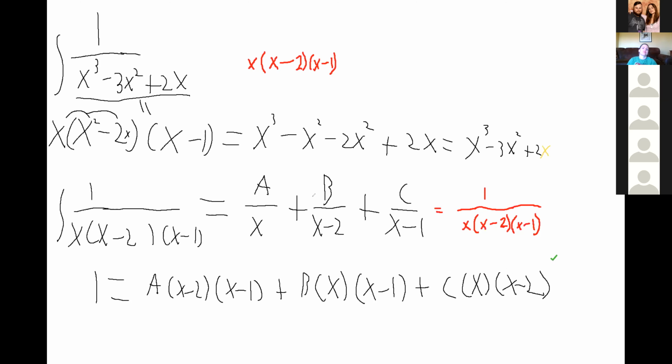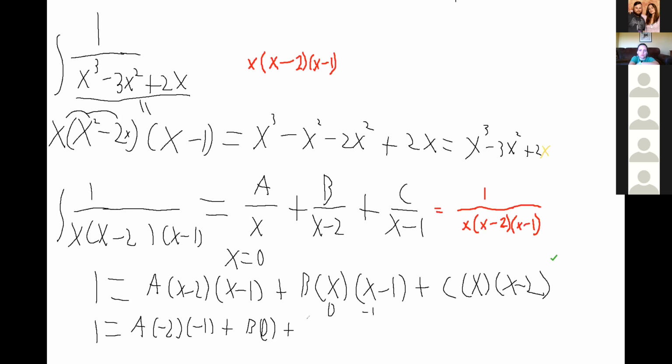All right. Now in this case, let's try to find a. So what we can do is make x equal 0. If we do that, we would have a times negative 2 times negative 1, so that ends up to be 2. We'll simplify that too. But for b, it'll just be 0 because 0 times negative 1 is just 0.